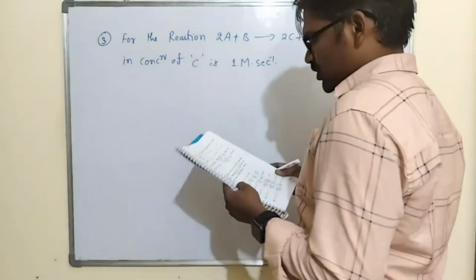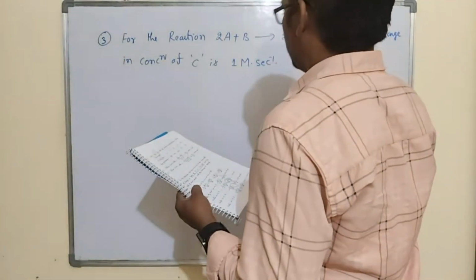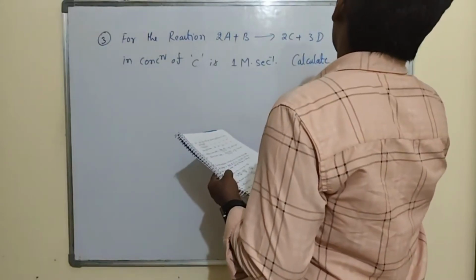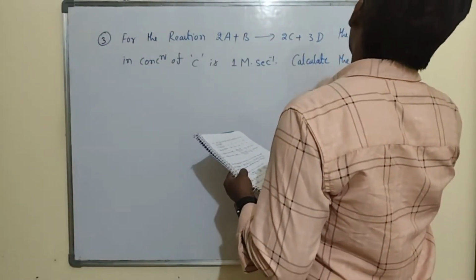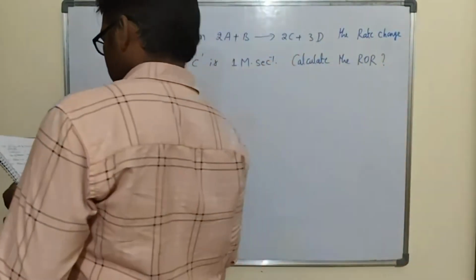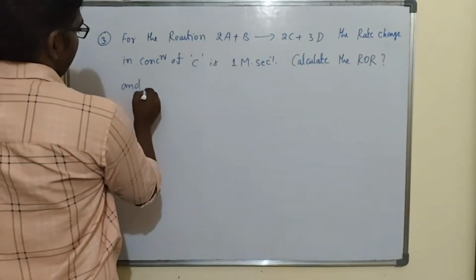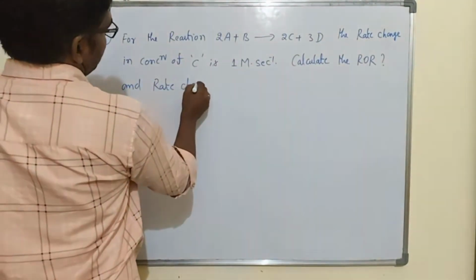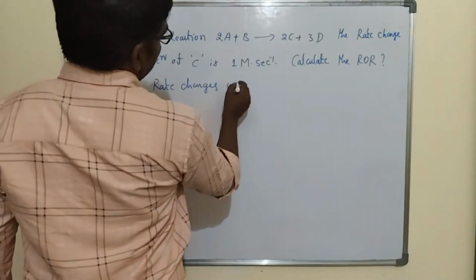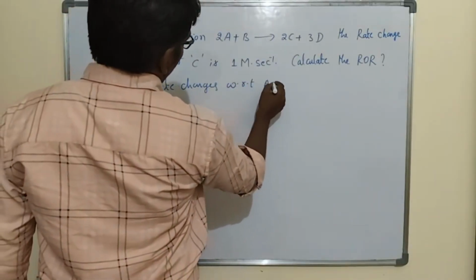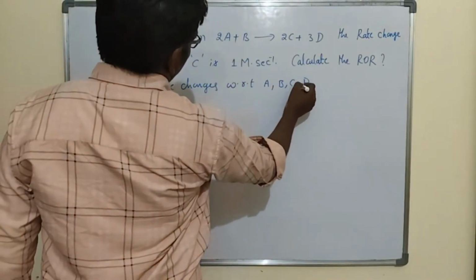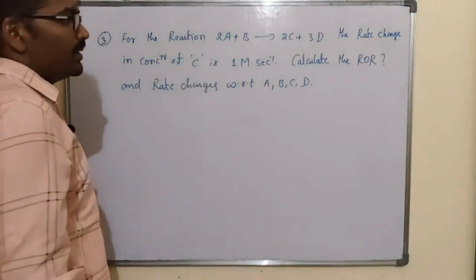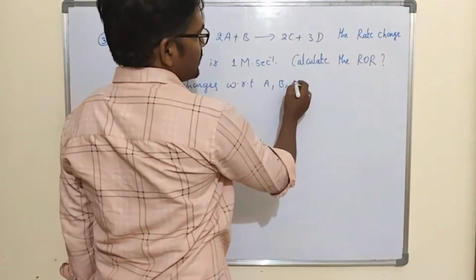Calculate the rate of reaction, ROR, and the rate changes with respect to A, B, C, D. They are mentioned like this. Already with respect to C is given. Then A, B, D, just take it as A, B, D.